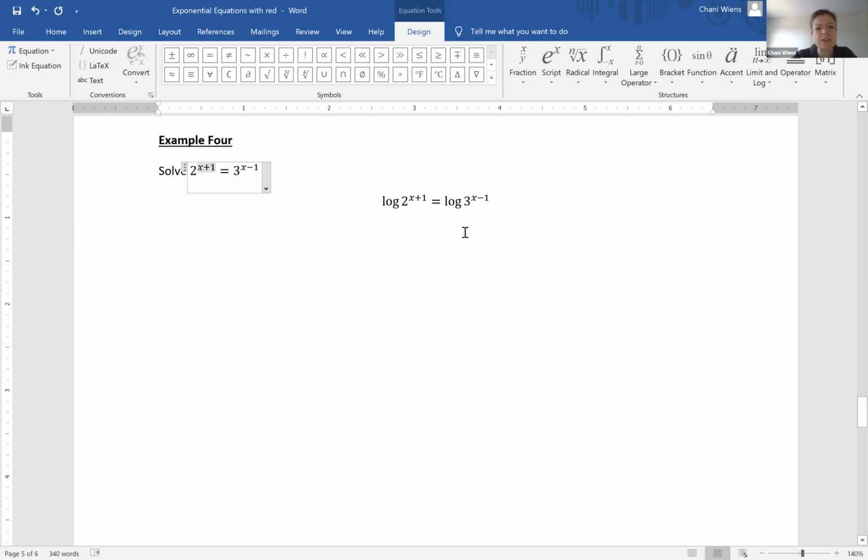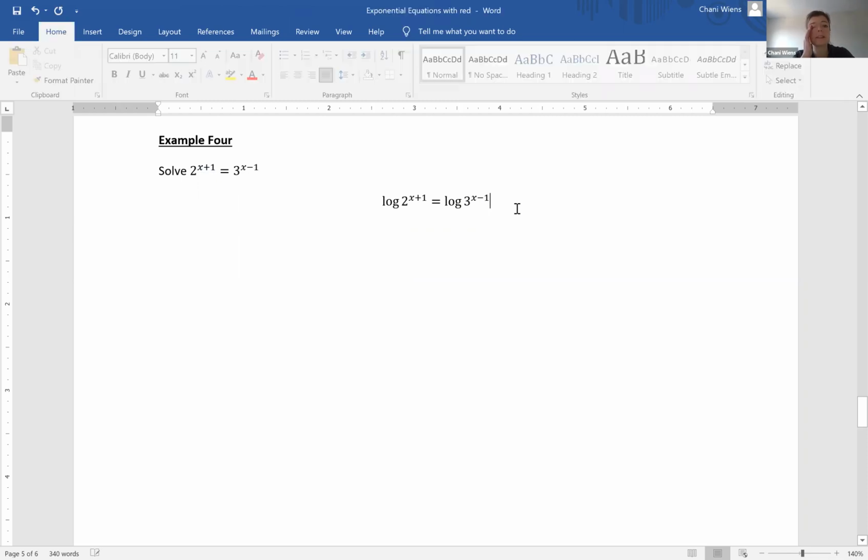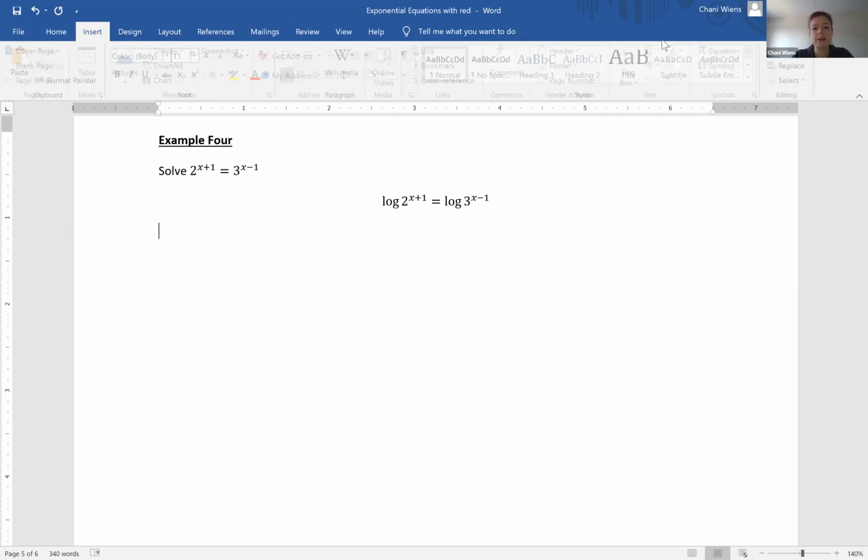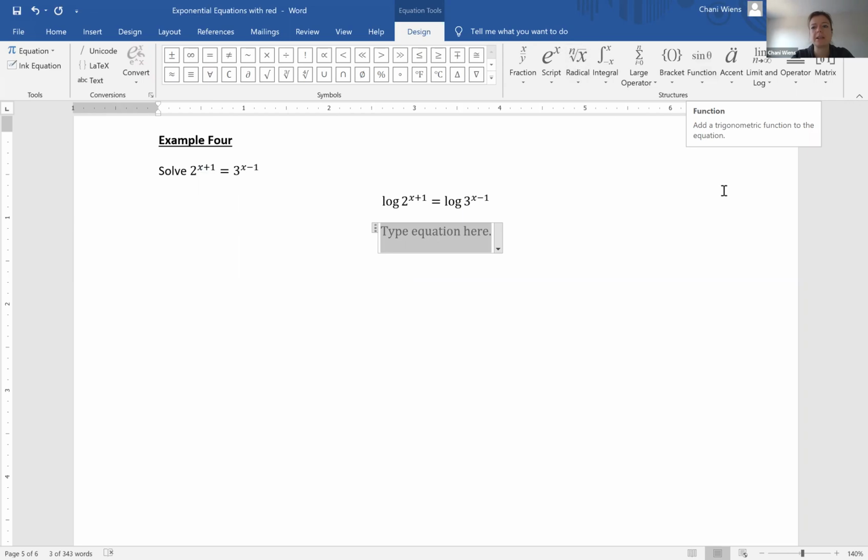So if I didn't change that in your note, then please go ahead and change that. That's my mistake. Okay, so we took the log of both sides. So now we can bring down the exponents, but we have to be careful here because the exponent is x plus 1, which means all of that has to be in brackets.